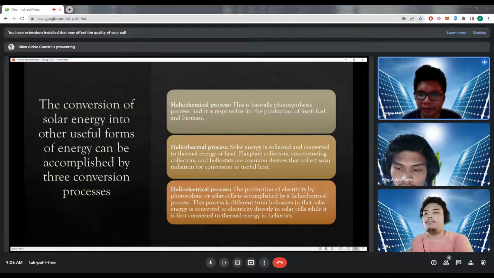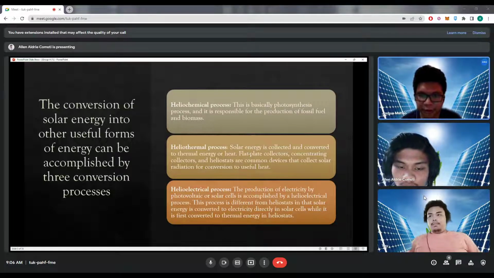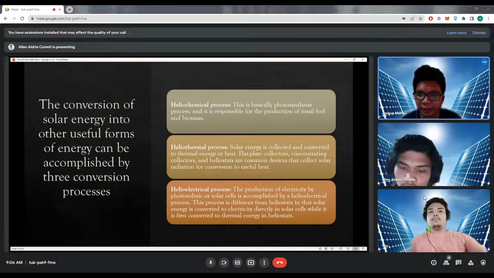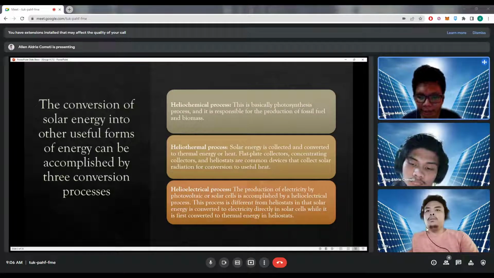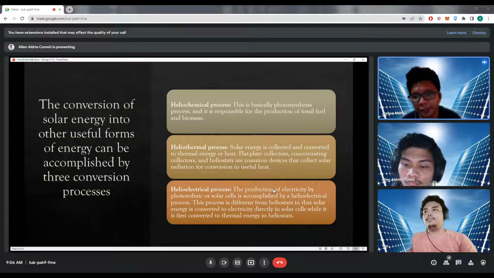The production of electricity by photovoltaic or solar cell is accomplished by a helioelectrical process. This process is different from the heliothermal process in that solar energy is converted to electricity directly in solar cells, while it is first converted to thermal energy in heliostats.